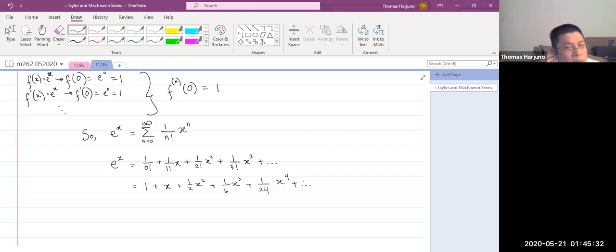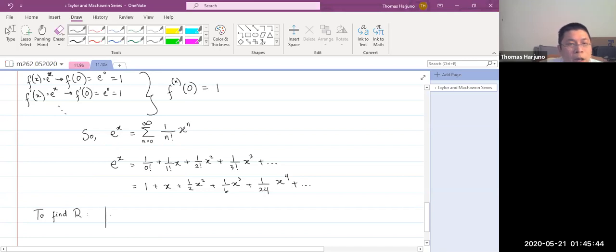Okay. Now, how about the radius of convergence? If we want to find R, the radius of convergence, I'll apply the ratio test.